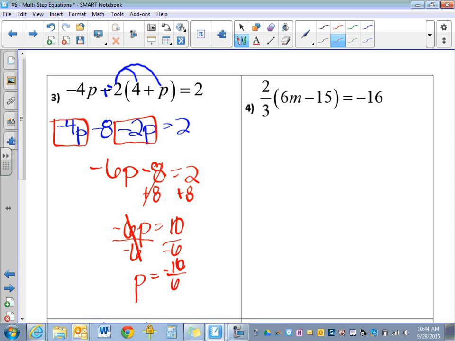You can use your calculator, or we can look and see if they are both divisible by 2. So negative 10 divided by 2 is negative 5. And then 6 divided by 2 is 3. So we have p equals negative 5 thirds. And that's our answer there. Any questions with that one?